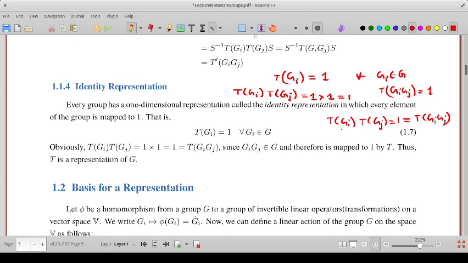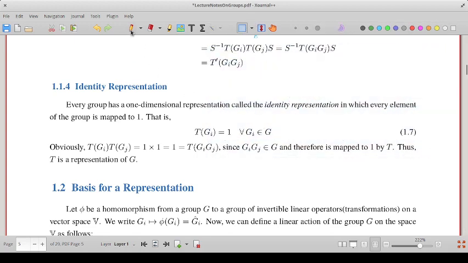So first of all, the matrix assigned, which is a simple number, is non-singular, and the mapping is a homomorphism. And therefore this is a representation, and this particular representation is called the identity representation. And as we can see very easily, every group has one such representation.